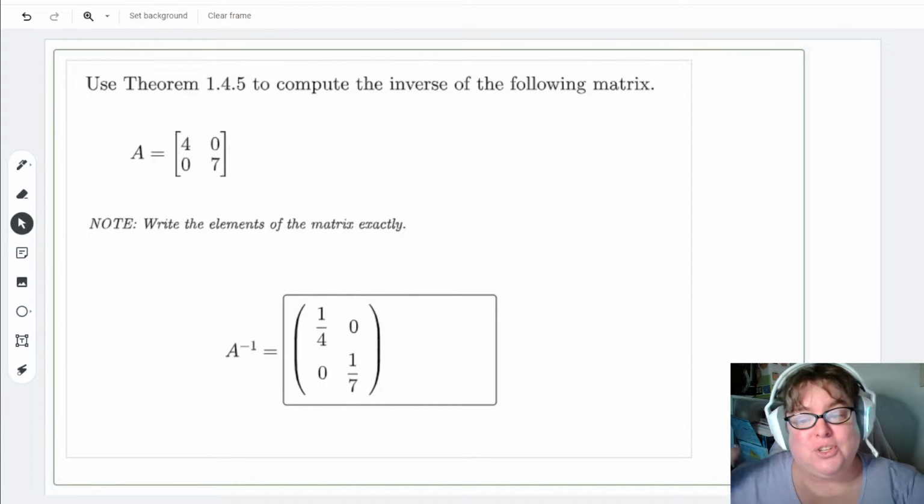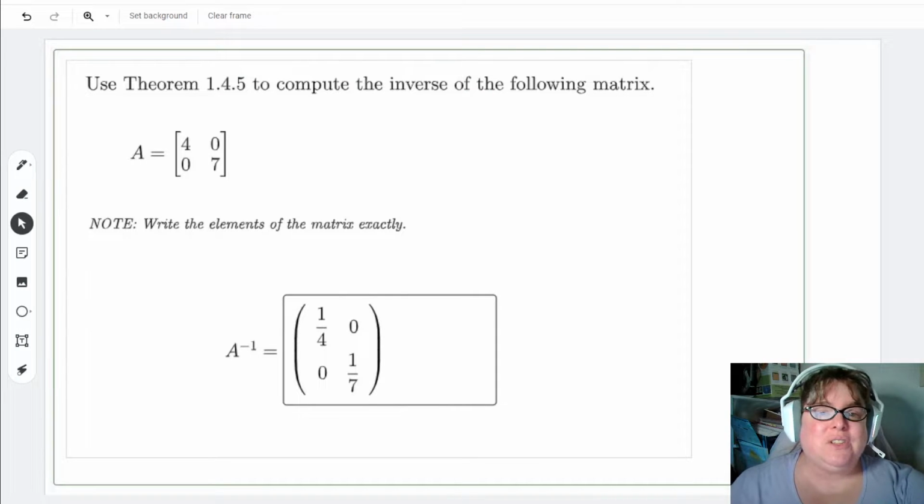For those of you just joining now from the timestamp link, we are discussing the inverse of a matrix from section 1.4 in the Wiley Online Math Course. We are specifically doing question number 3, and I'm going to attempt question number 4.